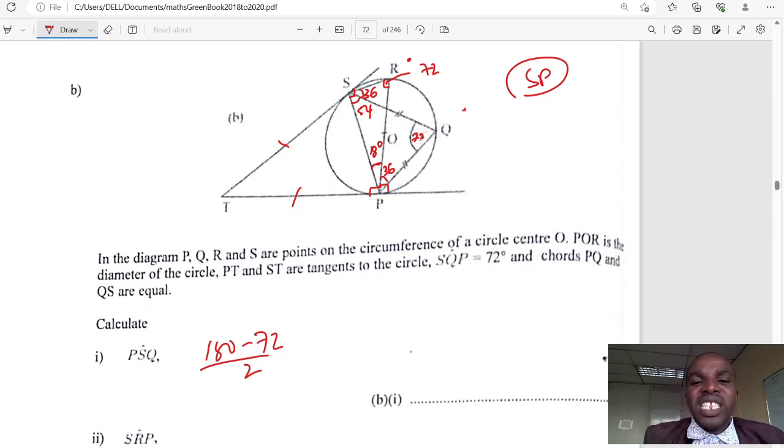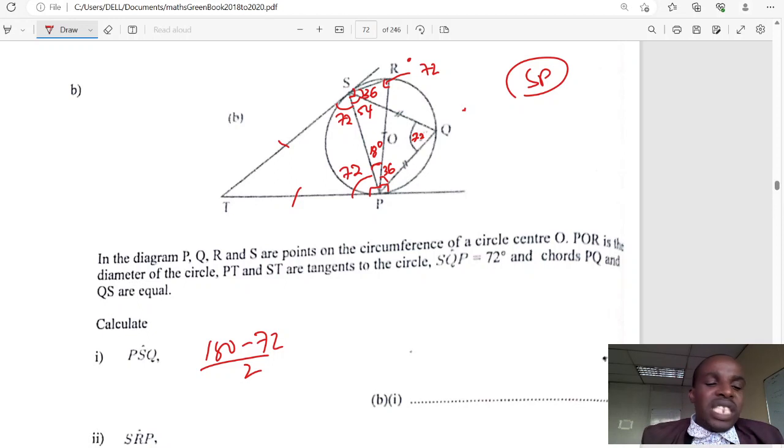Which means you can find this angle on this side. It's 90 minus 18, which is 72. Or you can use the exterior angle of a triangle, equal to the sum of the opposite interior angles. Then this angle also is 72, because the tangents joined together form an isosceles triangle.